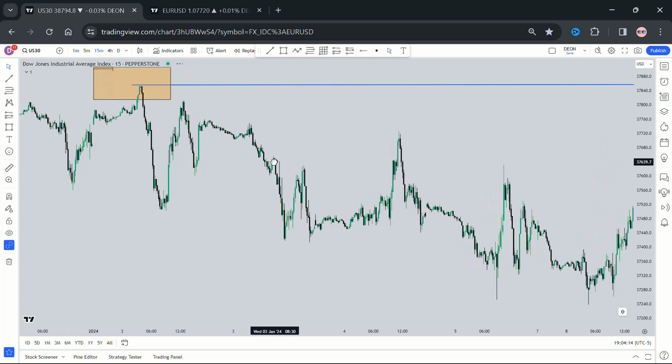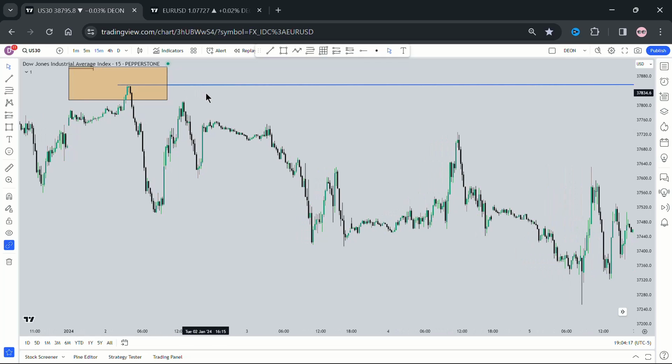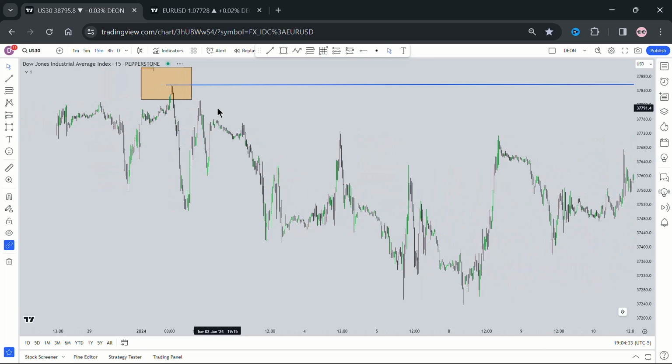So when we zoom in to the 15-minute chart, remember our bias is where? Our bias is still on the 4-hour chart. On the 4-hour chart, we have an uptrend. But here you can clearly see the market changed character here.